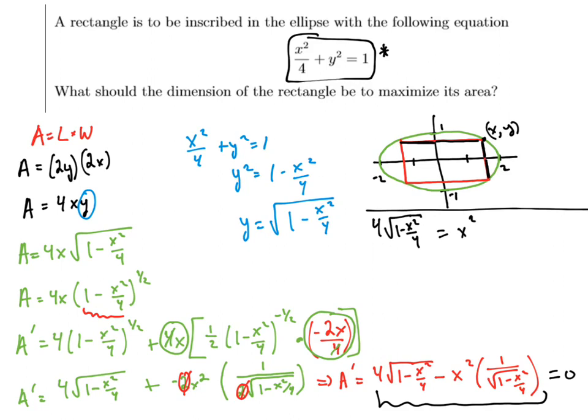So x squared times 1 over the square root 1 minus x squared over 4. All right, so what I'm going to do is cross multiply here. And I guess it does make sense for me to write this x squared in the numerator. Okay, so I'm going to multiply both sides by square root 1 minus x squared over 4.